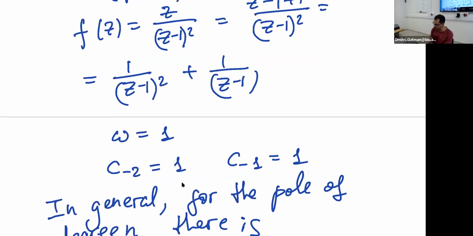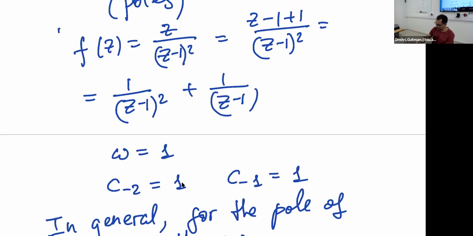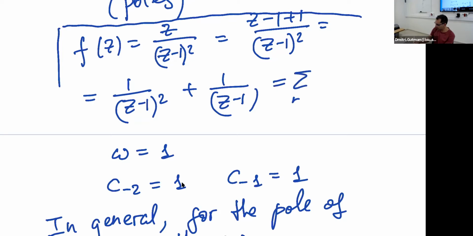Okay, so I'm looking at this function, for this example. Let's discuss it. This is the example, and I'm expanding it. My goal is to write this function as a sum of c_n (z minus w) to the power n. That's the definition of Laurent expansion. We see that there is a point of singularity at w equal to 1, so w in this particular case is 1.